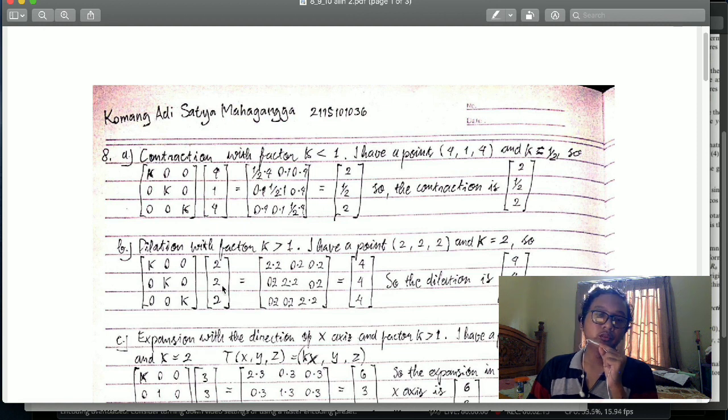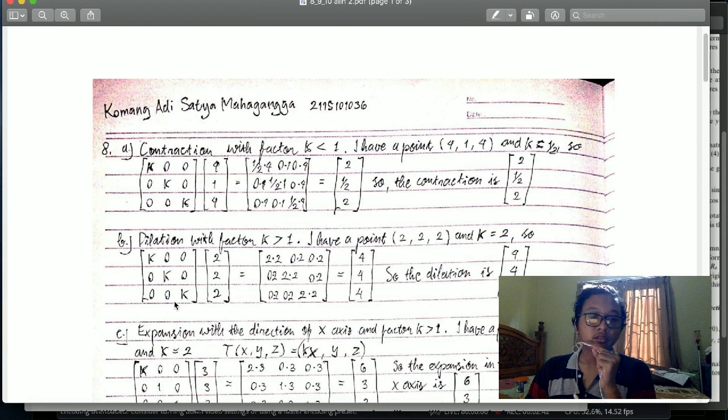We just repeat the same process: k times the identity matrix is multiplied by the point, and we produce a new point, 4, 4, 4. So the dilation, which is the shadow of the point, is 4, 4, 4.